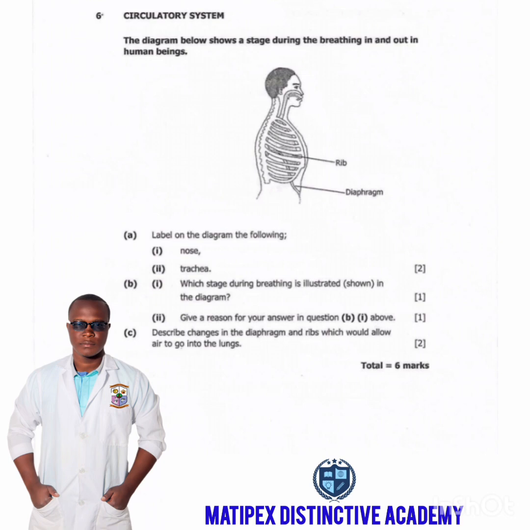So the answer is during inspiration, the intercostal muscles between the ribs contract. The ribs move upwards and outwards. The diaphragm is flattened and straightened, meaning it moves downwards.